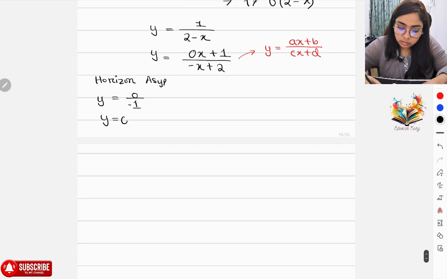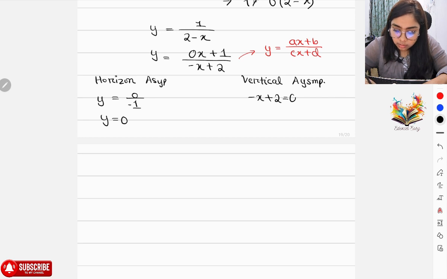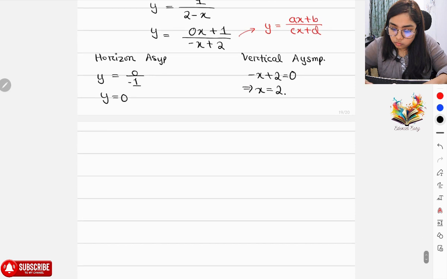So y = 0 is your horizontal asymptote. For the vertical asymptote, cx + d is minus x + 2, so minus x + 2 = 0. In that case, x = 2 is your vertical asymptote.